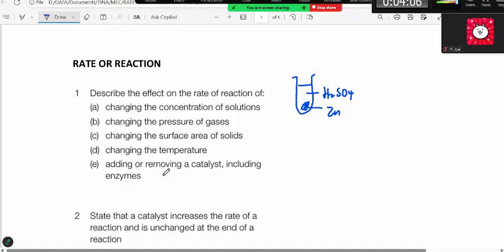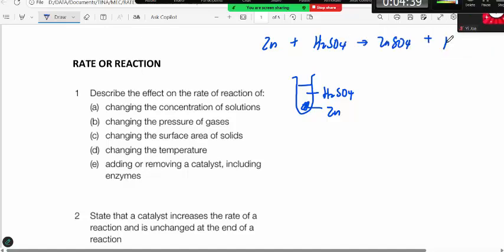Okay, so this chapter we're learning now is called rate of reaction. It's about how fast a reaction goes. So let's say I put a piece of zinc in sulfuric acid. Now what happens is acid and metal, I think I taught you all before when you were in lower secondary, basically produces salt and hydrogen gas.